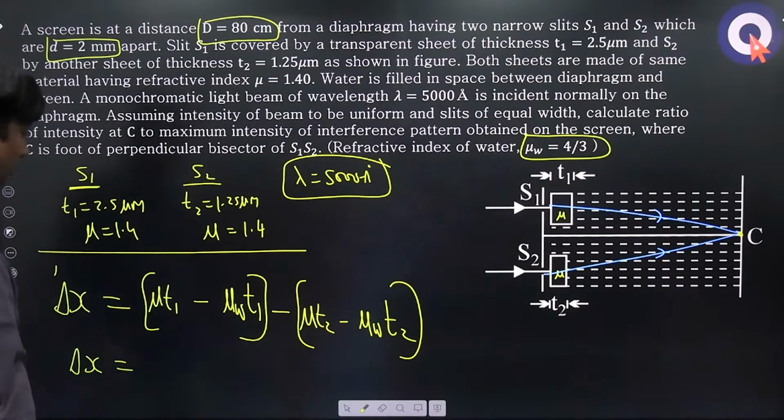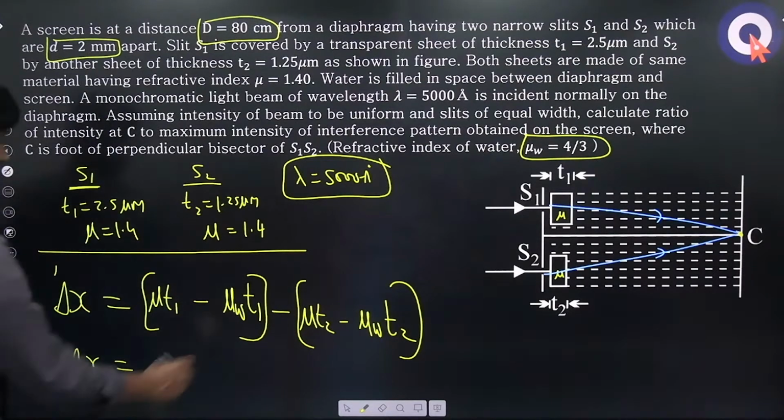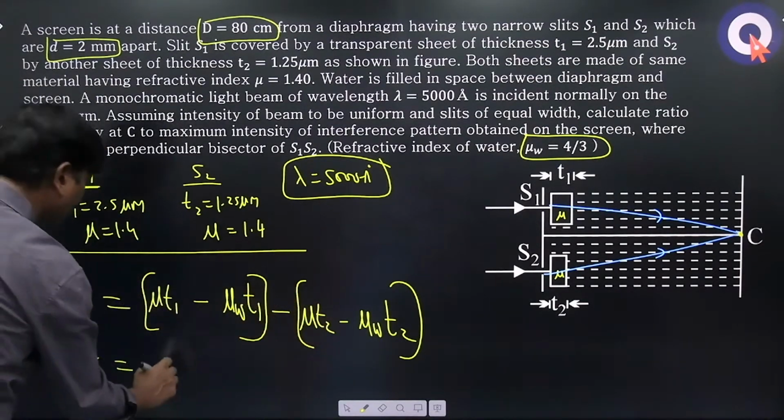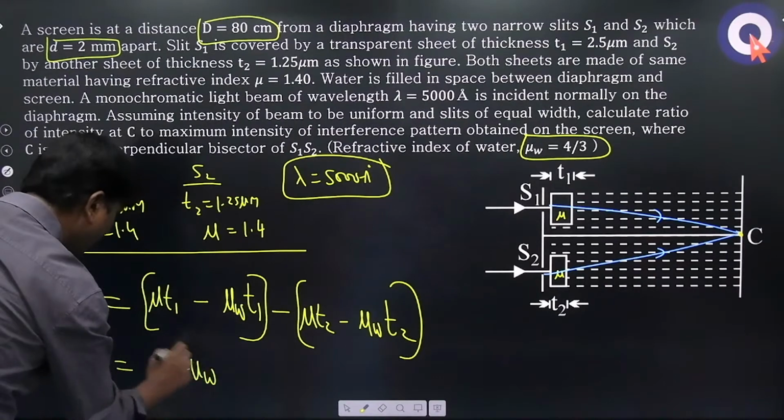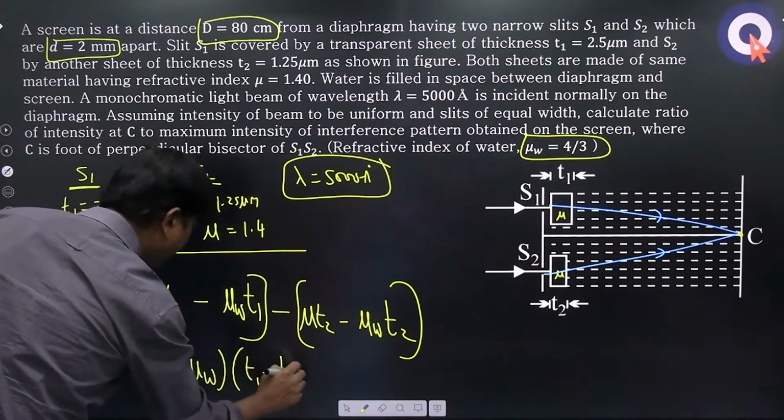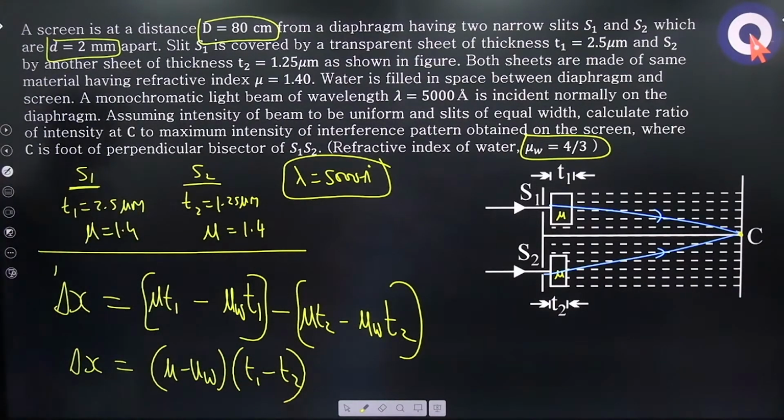So mu is same, of course. So what you can write? You take common T1 minus T2. So can I write this as (mu minus mu W) into (T1 minus T2). This will be the net path difference, right or not?